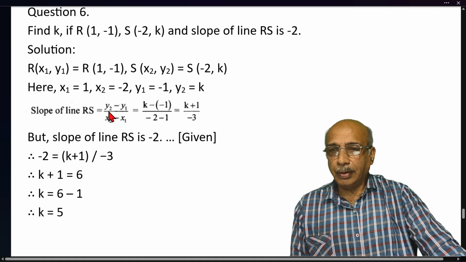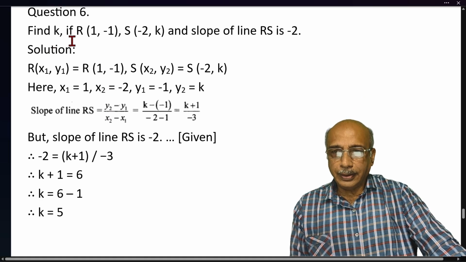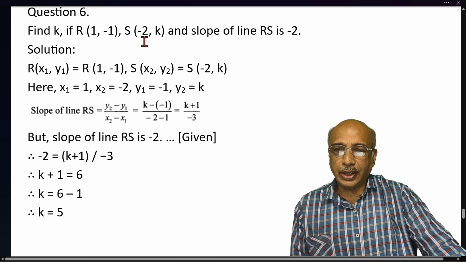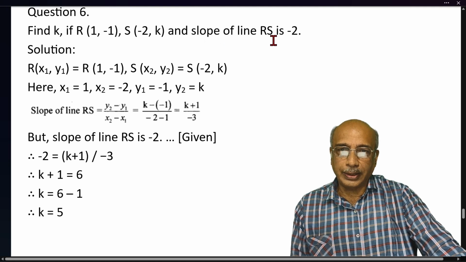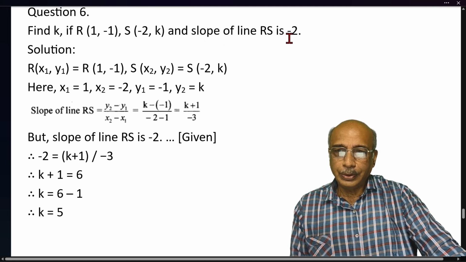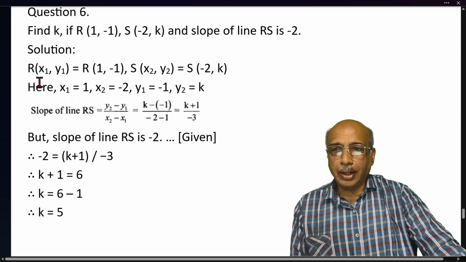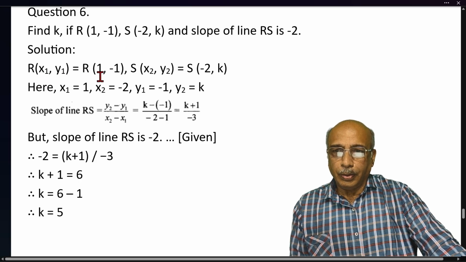Now, next problem. Find k if R has coordinates 1 and minus 1, S has coordinates minus 2 and k, and the slope of RS is given as minus 2. So here let R coordinates x1, y1 be 1 and minus 1, and S coordinates x2, y2 be minus 2 and k.